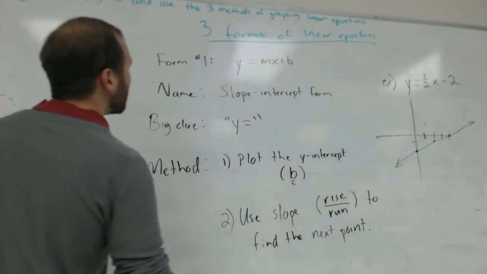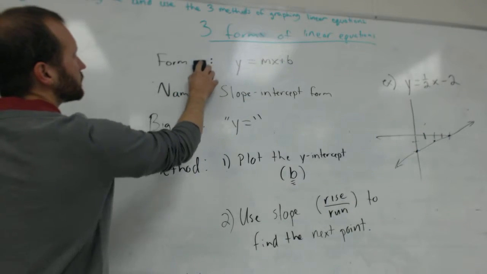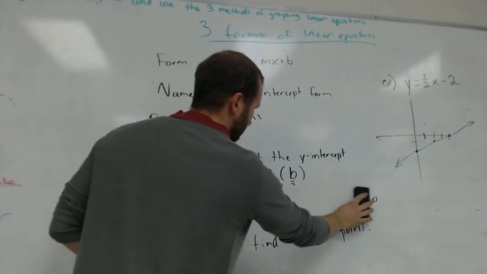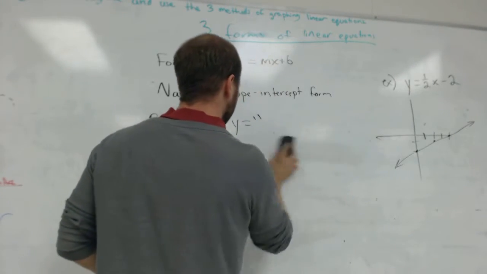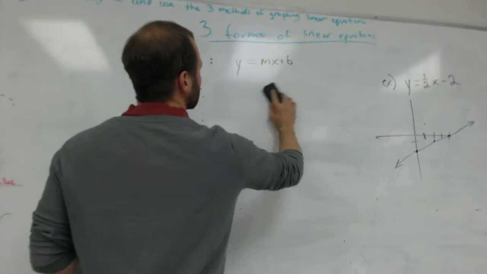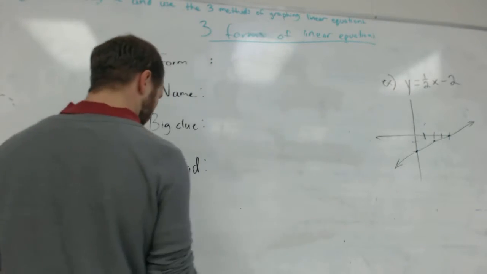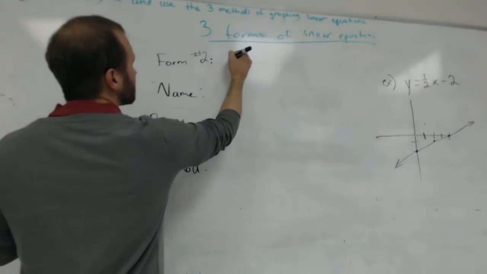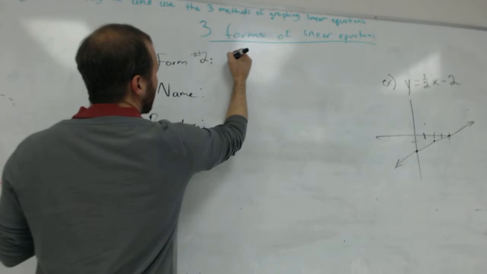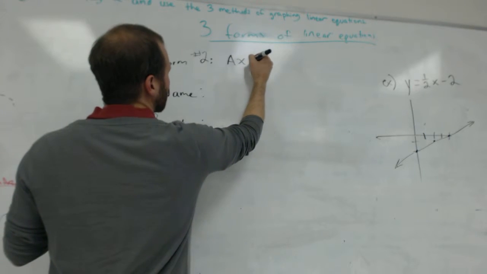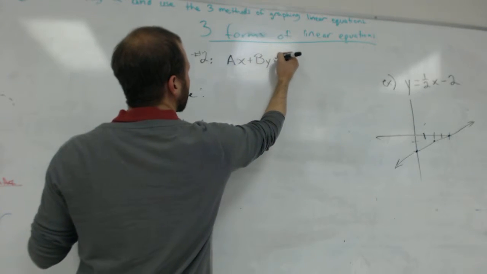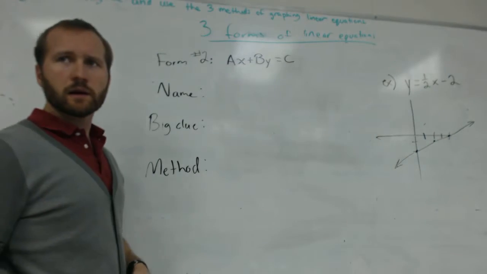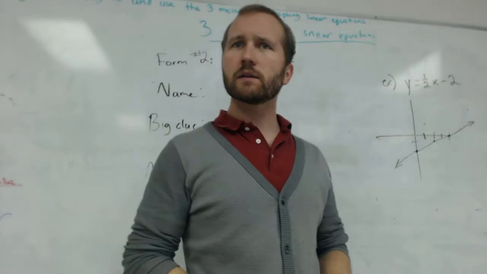Okay. Form number 2. Can I erase this stuff? Yeah. Form number 2. This one is ax plus by equals c. Anyone remember what that form is called of the line?